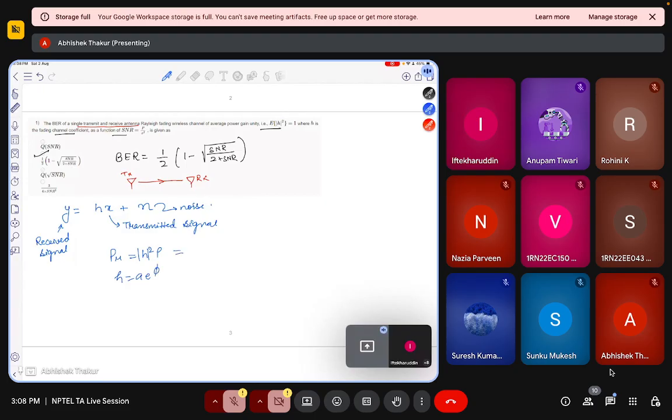So the magnitude of H square will be A squared P. Okay, so this is our signal power. Now what will be our SNR?